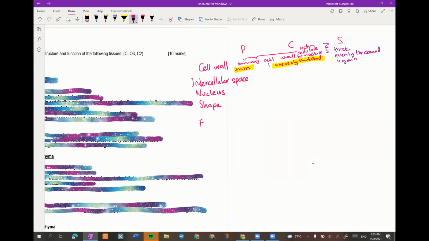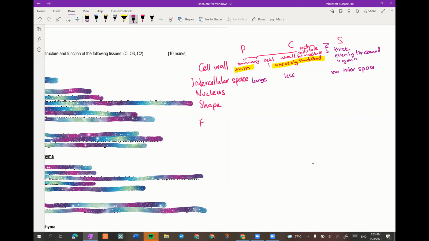And then next one kita boleh tengok dia punya intercellular space pula. So intercellular space untuk the parenchyma, you boleh cakap large intercellular space. While untuk the collenchyma it become lesser, okay, less intercellular space. While untuk the structure of this one dia dah tak ada intercellular space. Okay, maksudnya tak ada air space between it.